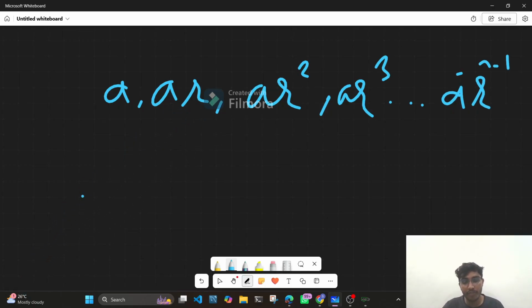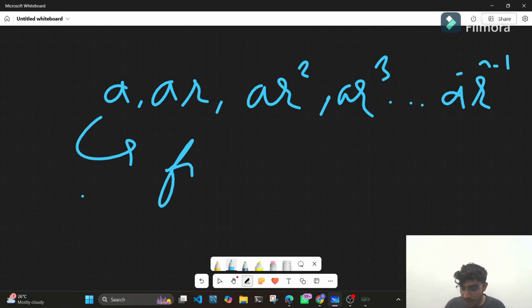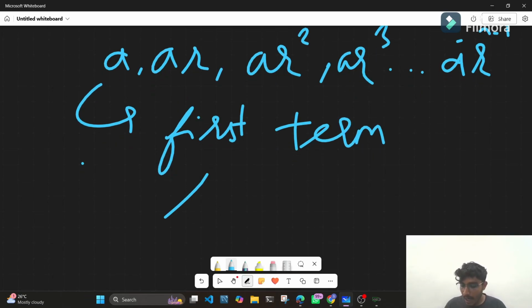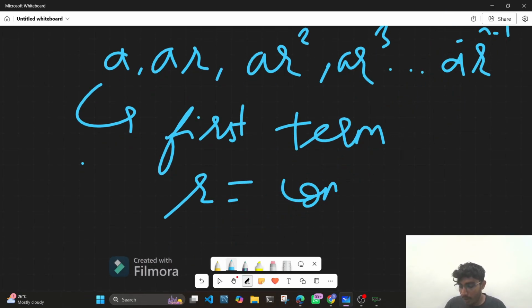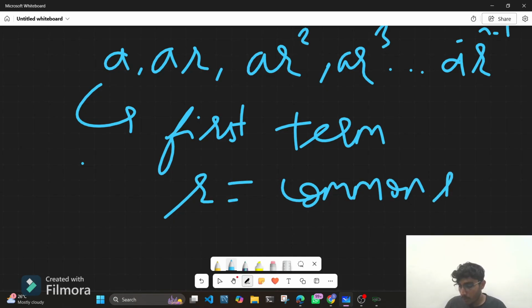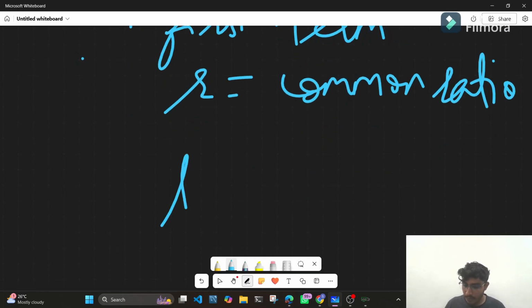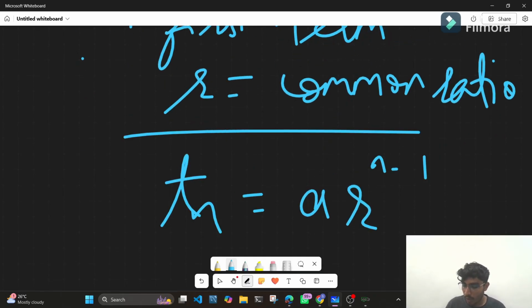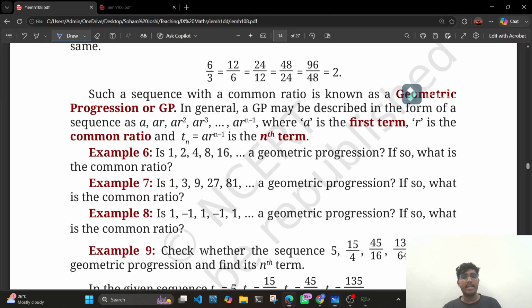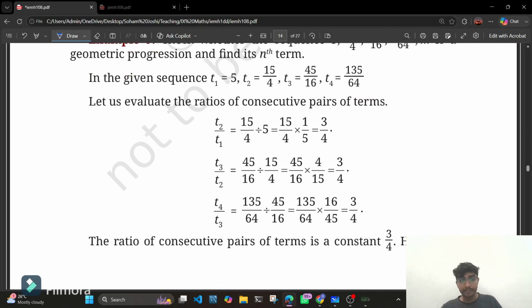Here n is the number of terms, a is again the first term, r is the common ratio, and the nth term is represented as ar to the n minus 1. This is what you just need to know about GP.